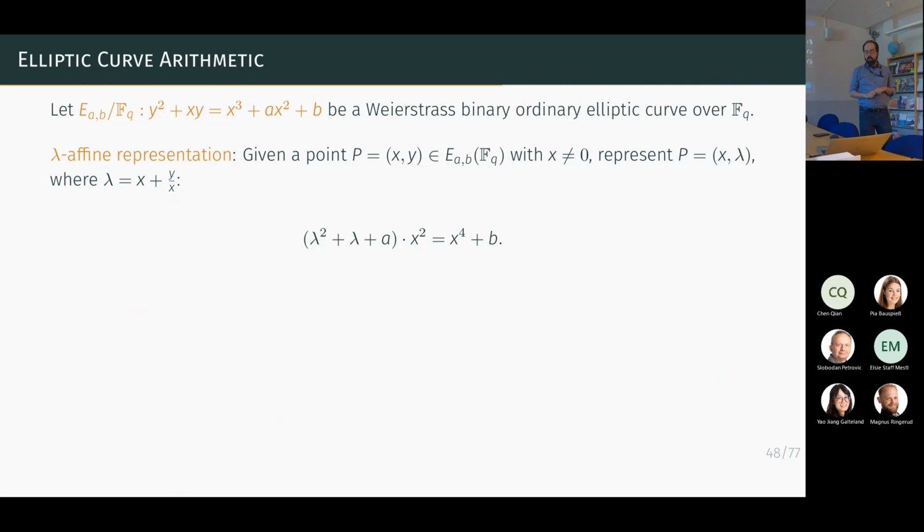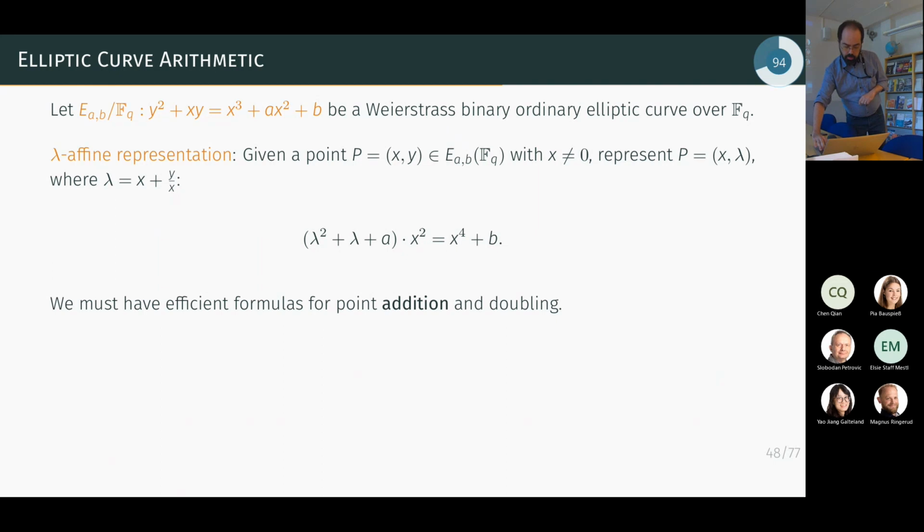By picking this Weierstrass equation and rearranging the curve equation to use lambda instead, we get this affine lambda equation, in lambda affine coordinates, if you will. That still looks quite okay. And you can make it projective too.